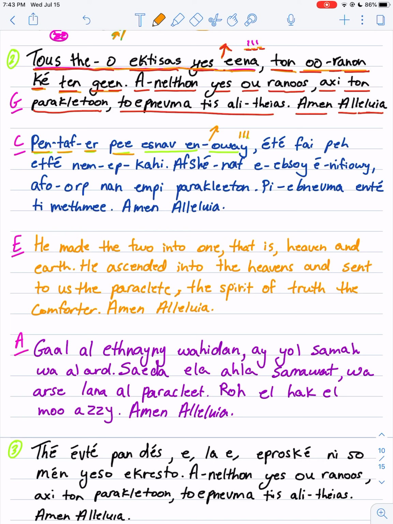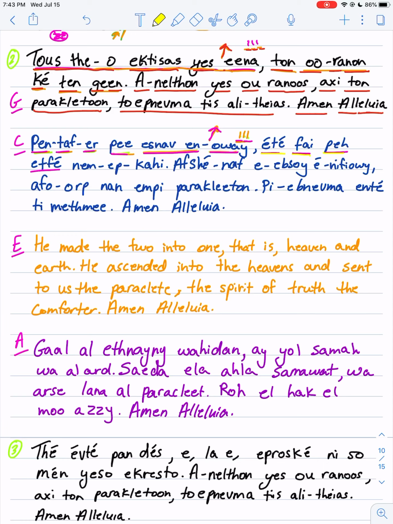Bentafer bisnaven owai. One more time. Bentafer bisnaven owai. Etefai beetfe.